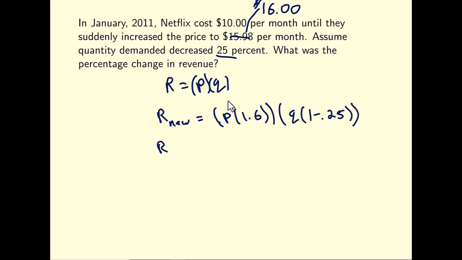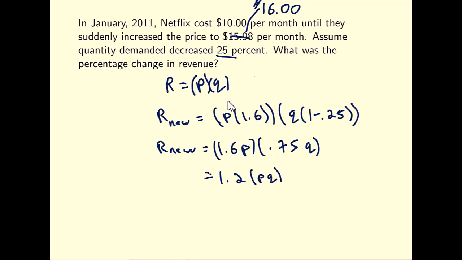And so we get R new is going to be equal to 1.6P times 0.75Q. And if I simplify that a little bit more, I'm going to end up with 1.2 times price times quantity.